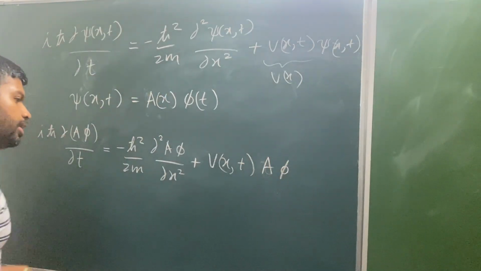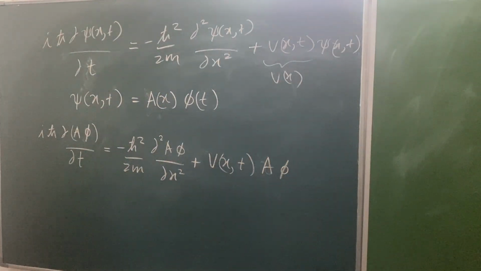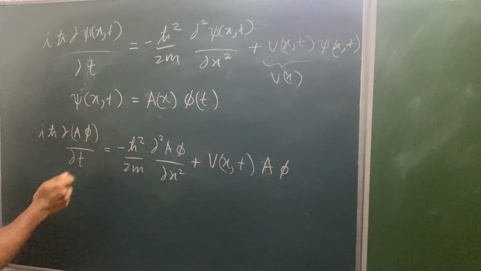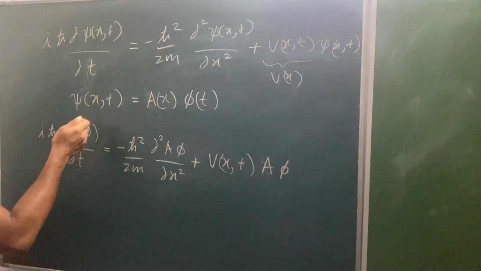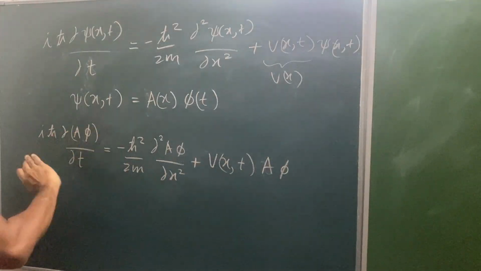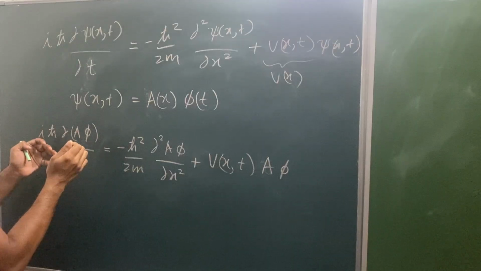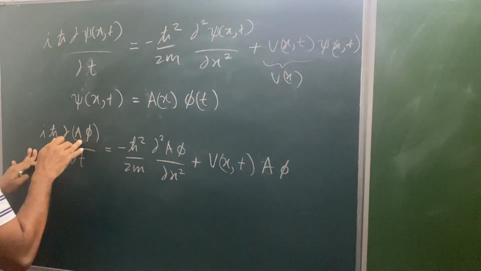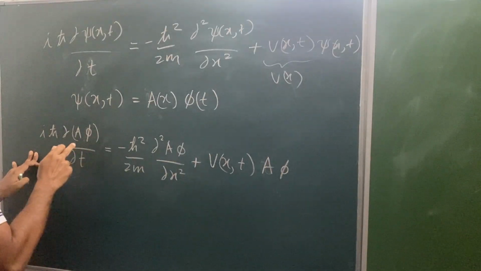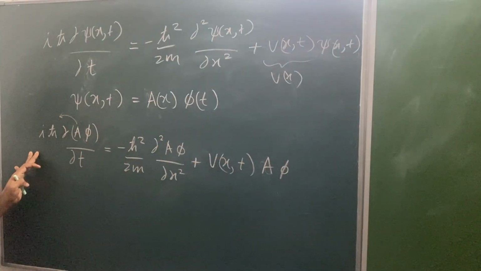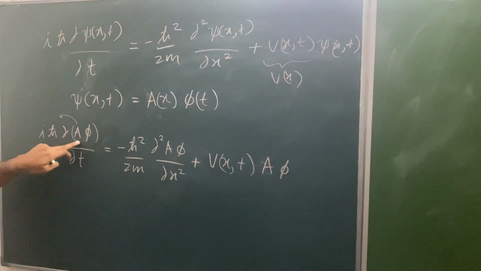Right, now you can clearly see that here ∂/∂t is always seeking functions depending only on the time, and all the others are treated as constants. Now here, the only function that depends on the time is phi. So a is treated as a constant.